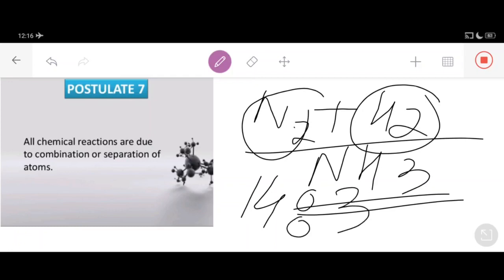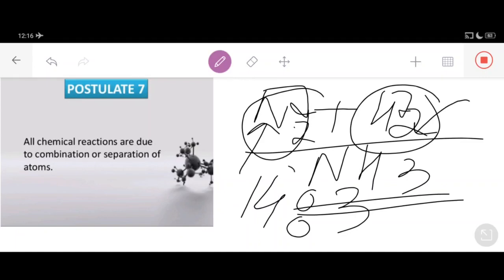What Dalton is telling us is that during a chemical combination between nitrogen and hydrogen, atoms of different elements, nitrogen is one element and hydrogen is another element, so they are different from each other, combine in simple whole number ratios.